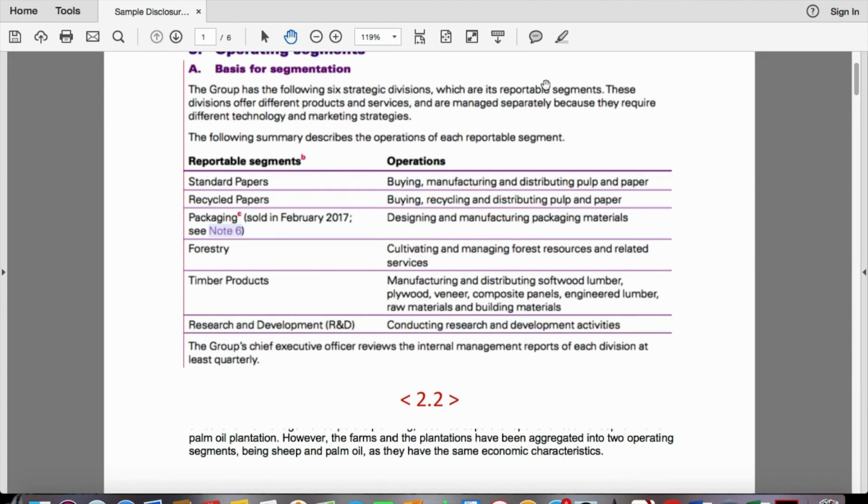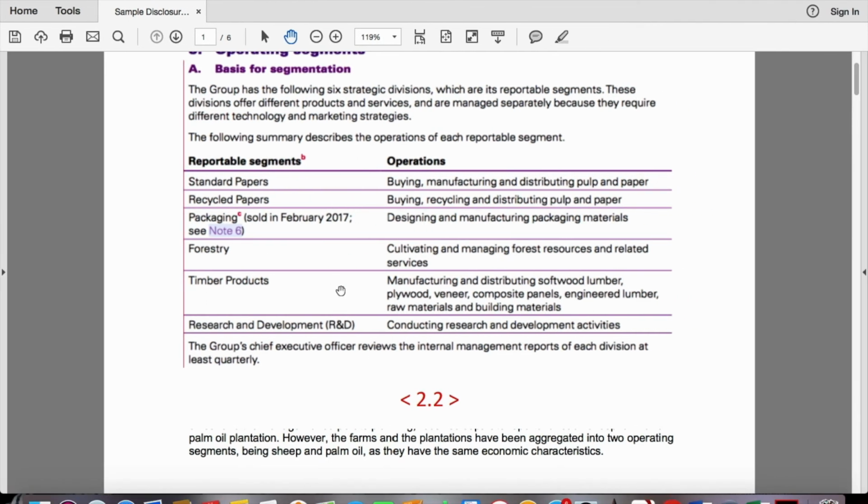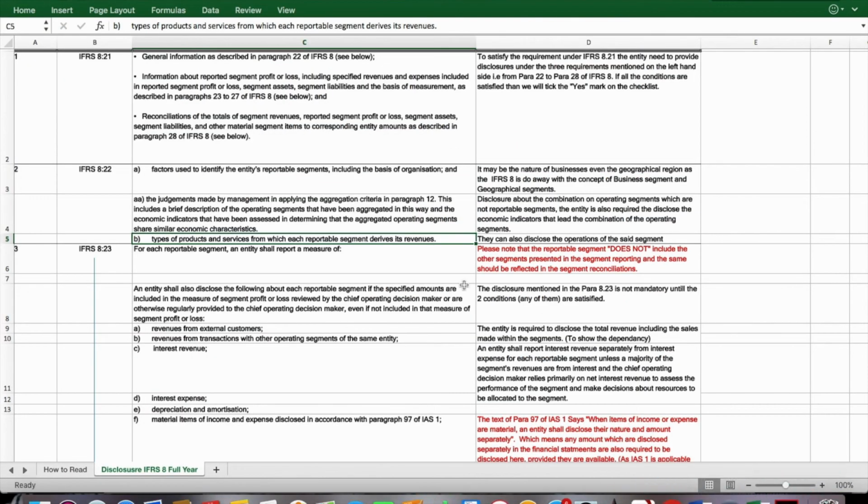They recycle under recycled papers. Under forestry, they cultivate forest resources and related services. So basically, these are the sources from which the segment derives the revenue, in order to comply with the requirement of IFRS 8.22(b). So that's enough for this video.